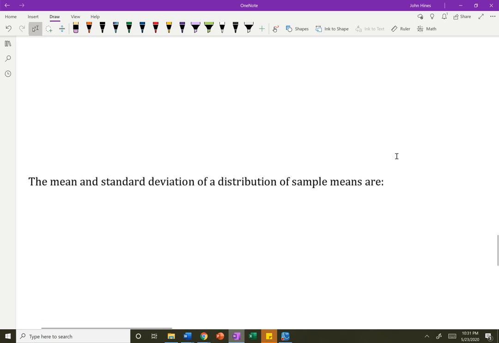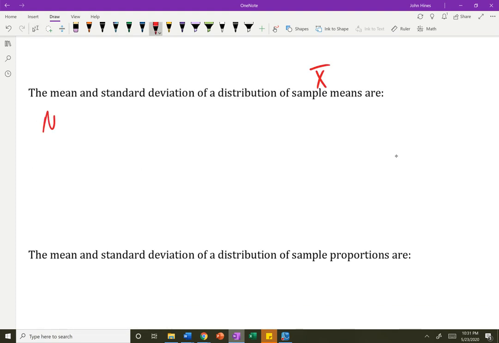So when we work with a distribution of sample means, the sampling distribution of X bars, it's normally distributed. This is key here. It's normally distributed, centered. The mean of my sampling distribution is the original mean. The center doesn't change.